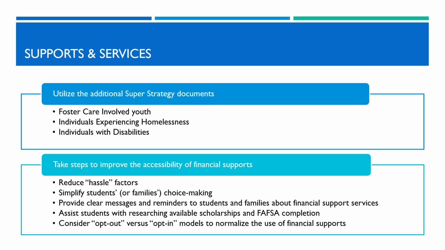So instead of having students ask and say, okay, I need financial support with this or I need support with that, you can have more of an opt-out version where if they don't need it, if they don't qualify for it, then they can, for lack of better terminology, remove themselves from that list. But having it be more of an opt-out option to normalize it can also be very beneficial.